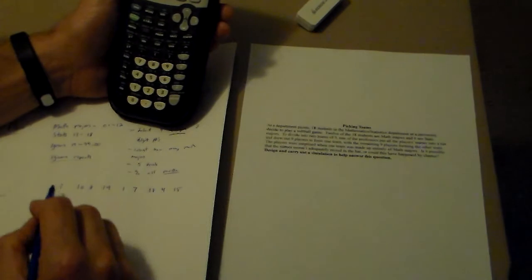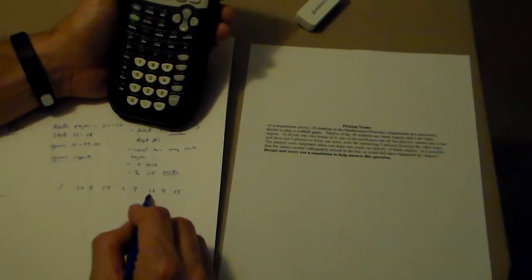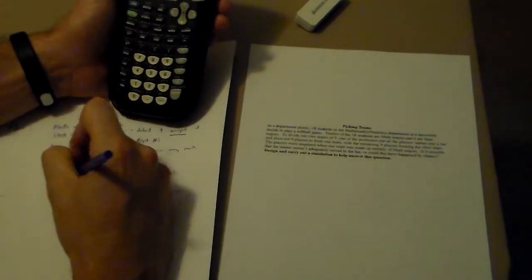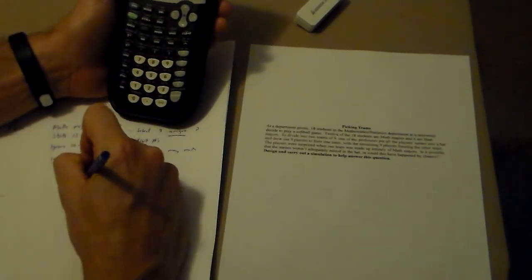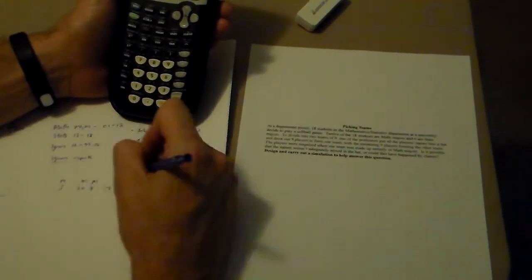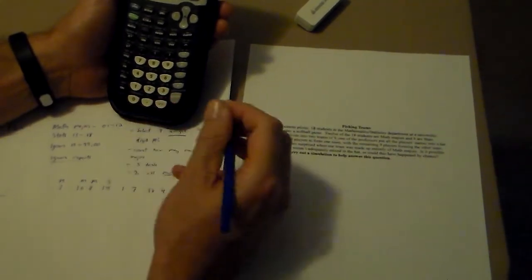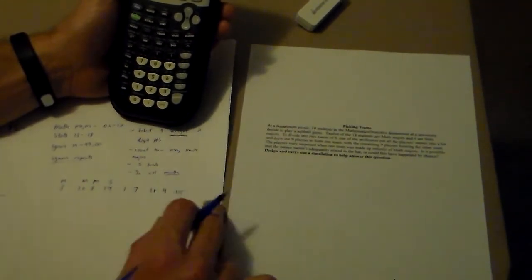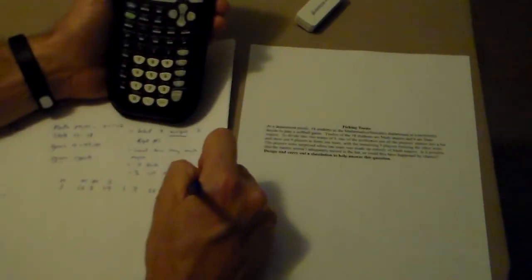Let's look. 1, 2, 3, 4, 5, 6, 7, 8, 9. I think those numbers are unique. So we got a math major, a math major, a math major, a stats major. So right away, I know that this trial failed in terms of being all math majors. So I can stop.